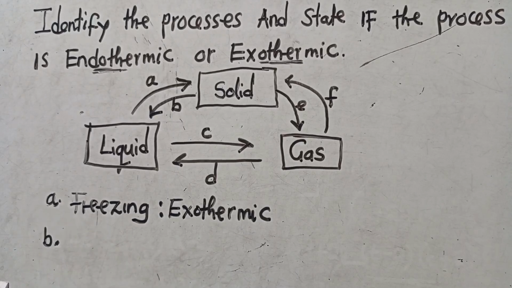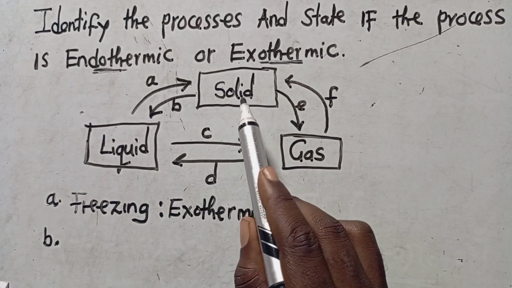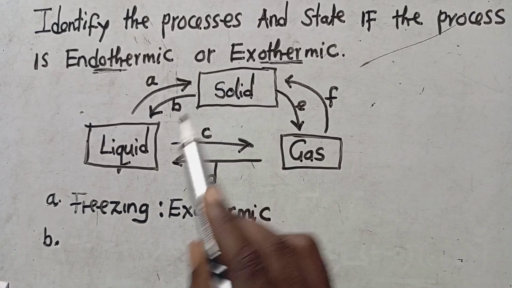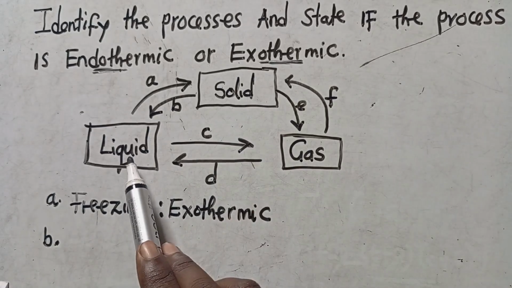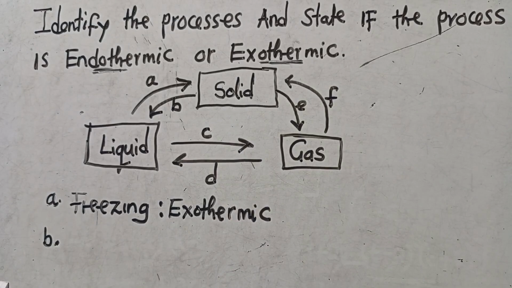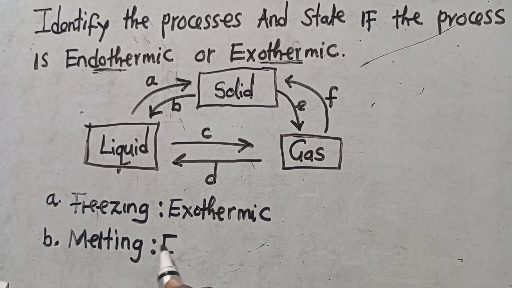We move to B. We've got now a solid that is changing to a liquid. What do we call this process? It is melting. Is melting endothermic or exothermic? Melting is endothermic.